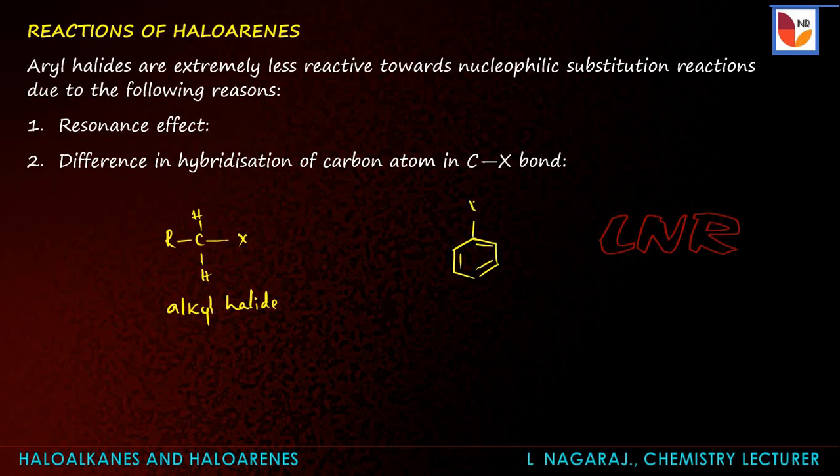Here the halogen is attached to an sp3 hybridized carbon, and in the case of aryl halides, the halogen atom is attached to an sp2 hybridized carbon. That is, in haloalkanes, the carbon atom attached to the halogen is sp3 hybridized, while in the case of haloarene, the carbon atom attached to the halogen is sp2 hybridized.